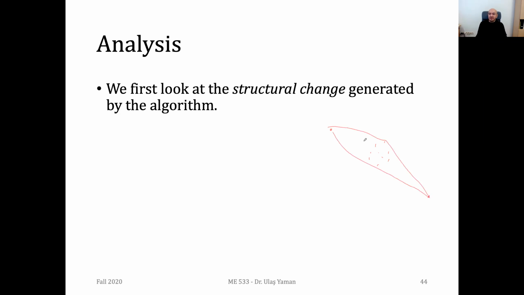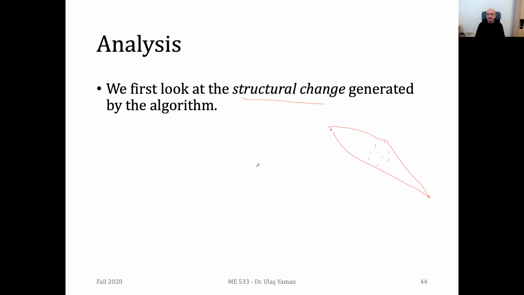And then what we do, we start adding these sides randomly. And once you add it, then you form some new triangles. And sometimes once you do legalization, you destroy some of these. So according to this algorithm, we have some triangles generated and destroyed.